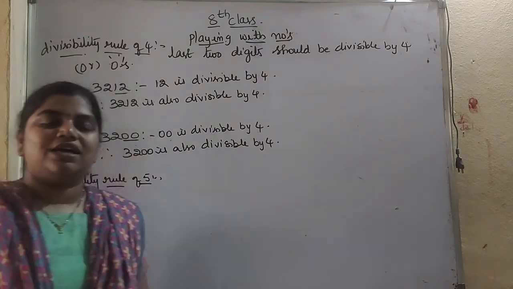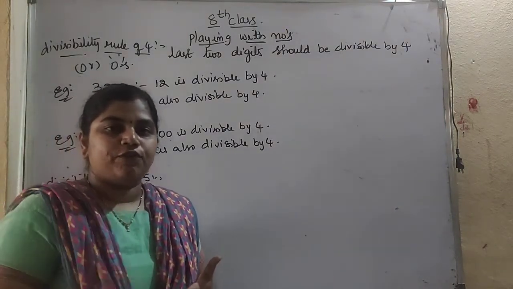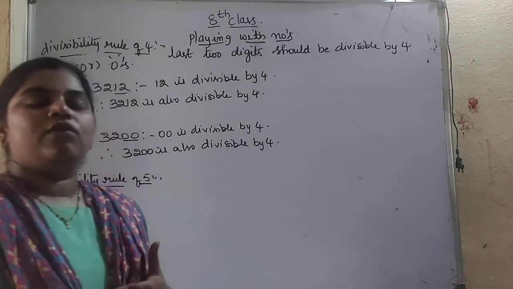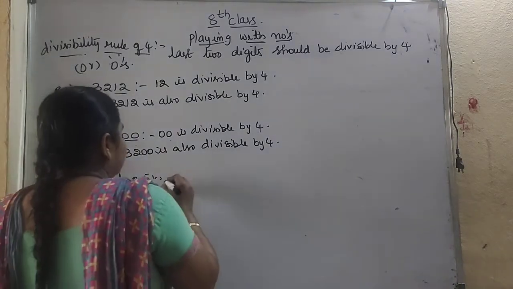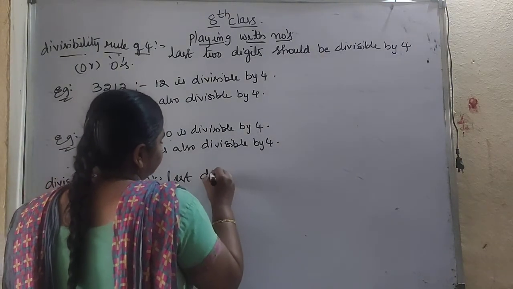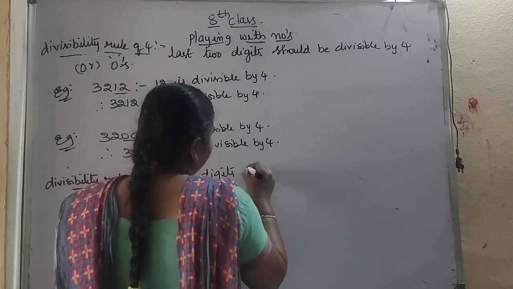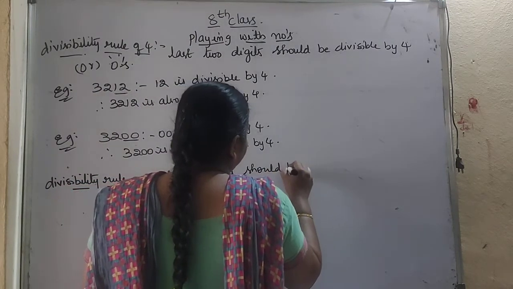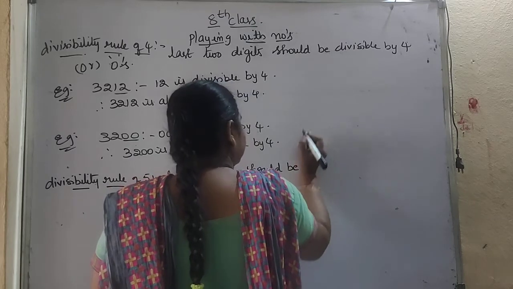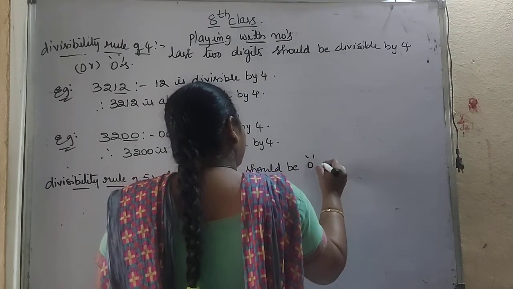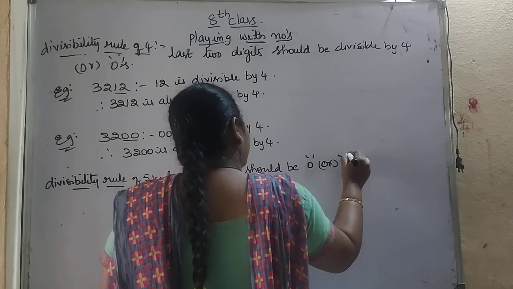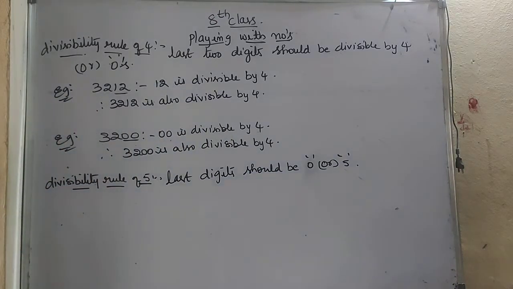If you see the last digit as 0 or 5, the whole value will be divisible by 5. The last digit should be 0 or 5.